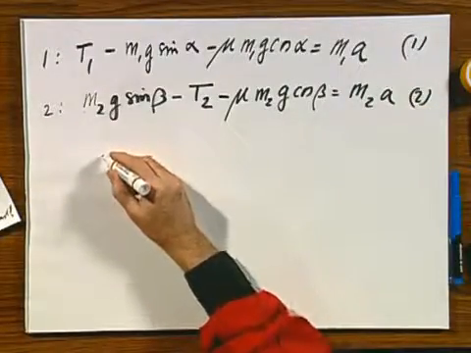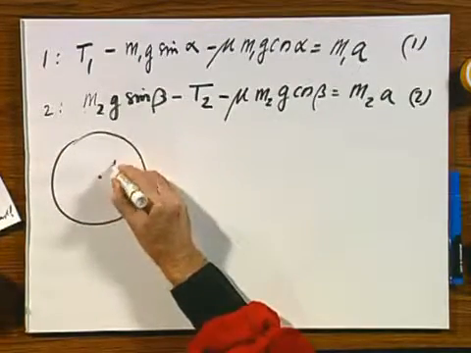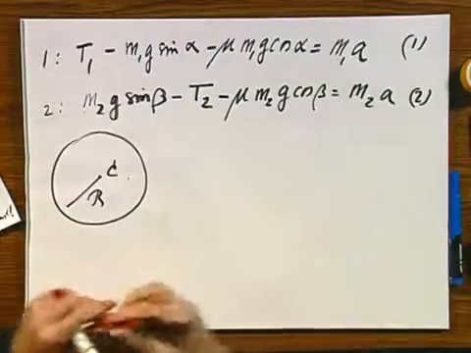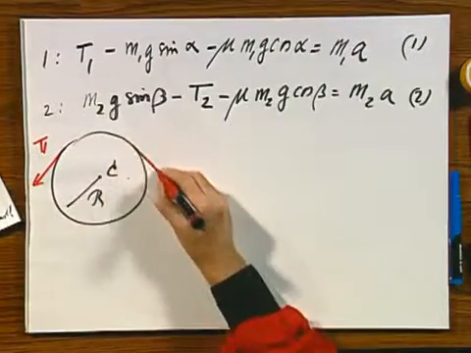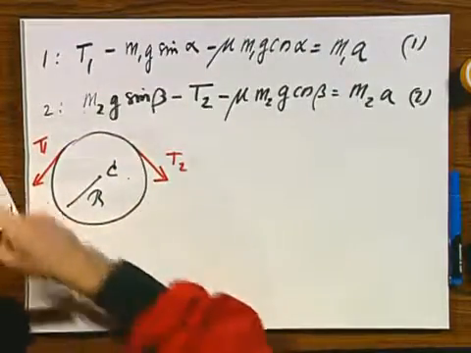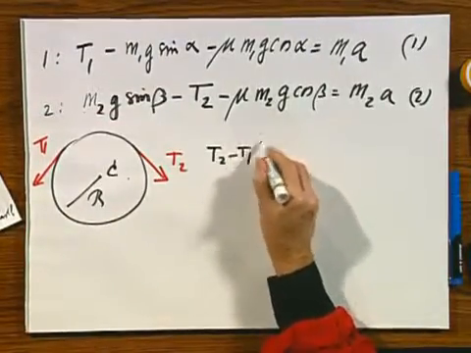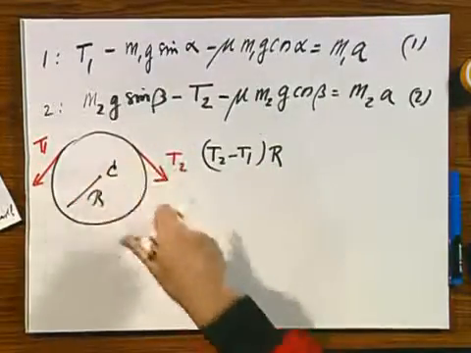I now have here the pulley, point C, radius r. The pulley experiences here a tension T1, and it experiences here a tension T2. So I can write down for the pulley that T2 minus T1 times R, that is the torque. T2 is clockwise, so it's positive.